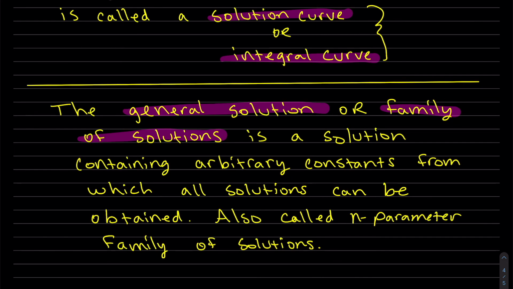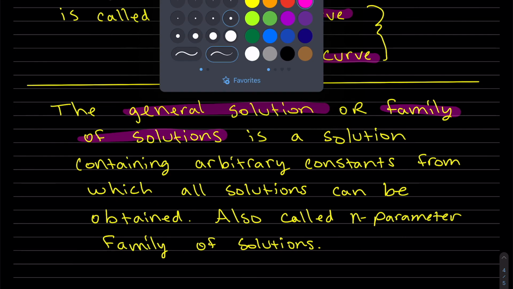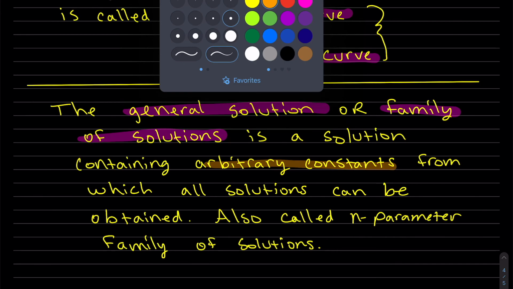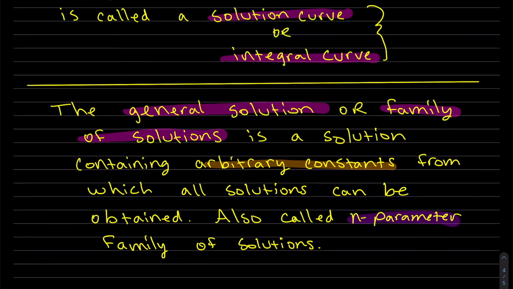So there are 2 names to it, and to be honest, I think general solution is the one we use more in this book. It's basically a solution that contains an arbitrary constant. Basically, it had a c in it. It's a solution from which all solutions can be obtained. Another name for it is an n-parameter family of solutions.